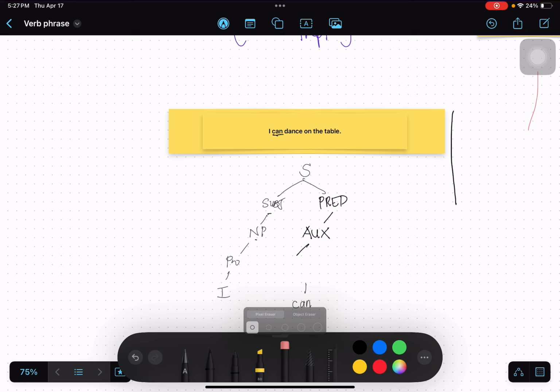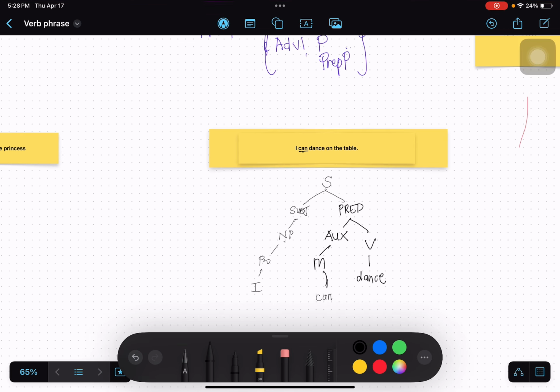So we all know that this one is a modal, so we have to write here M and the word "can." Okay? Then, with that one, we already have the verb, which is, of course, we know this, tense.